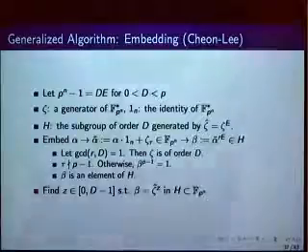Our objective is to embed an element into the order d group. Then using a similar method, the complexity becomes square root of d. Since d is less than t, square root of d is less than square root of p, so it becomes a more efficient attack than the usual discrete log attacks.